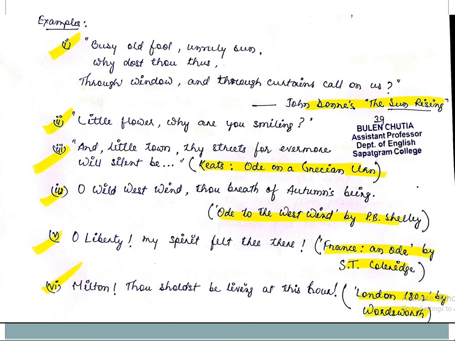Number four: "O wild west wind, thou breath of autumn's being." This line is from Ode to the West Wind by Percy Bysshe Shelley. Shelley is addressing the west wind. This is an inanimate object. Number five: "O liberty, my spirit felt thee there."